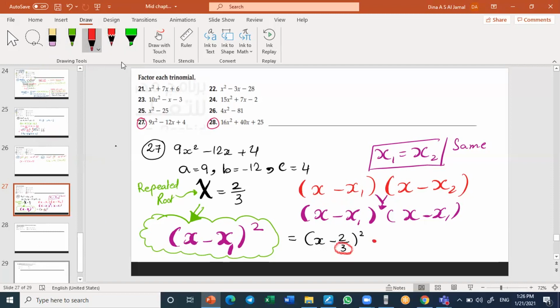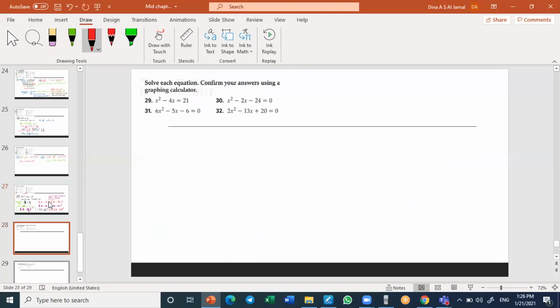So it will be 3x minus 2 all squared. That is all about question 27. Question 28 has the same method as question 27, so pay attention to it. Now let's go to questions 29 until 32.